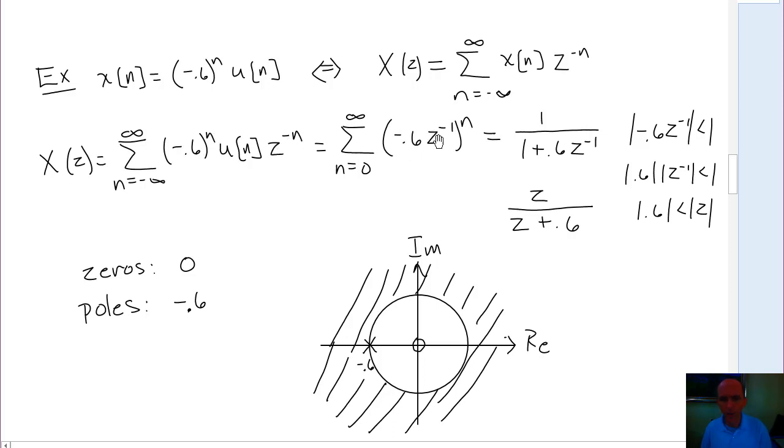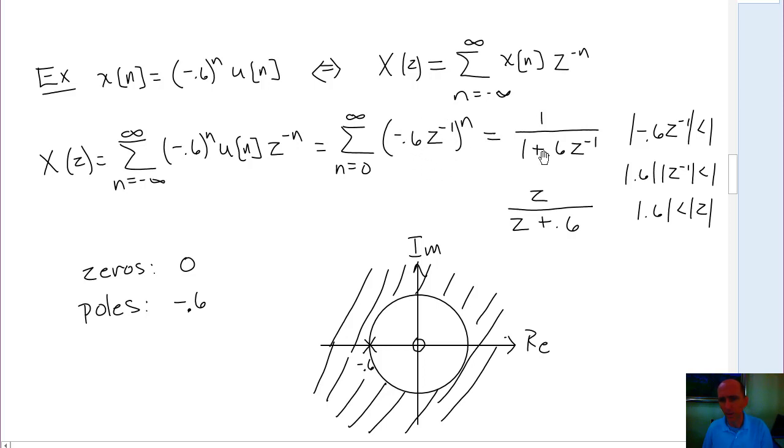So let's combine these terms so that we get something elevated to the n. And again, we have a summation starting at 0, ending at infinity of something raised to the power of n. And so we know that that's going to be equal to 1 over 1 minus whatever is inside here.